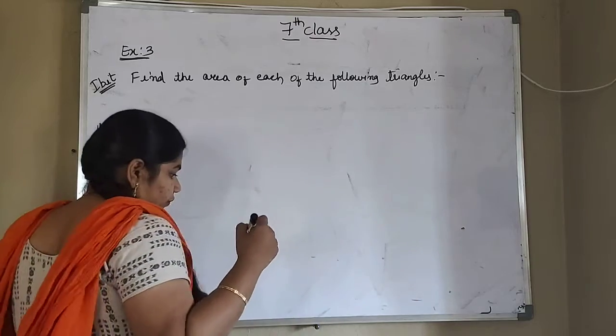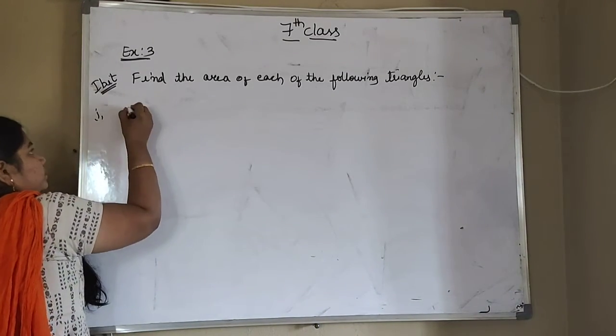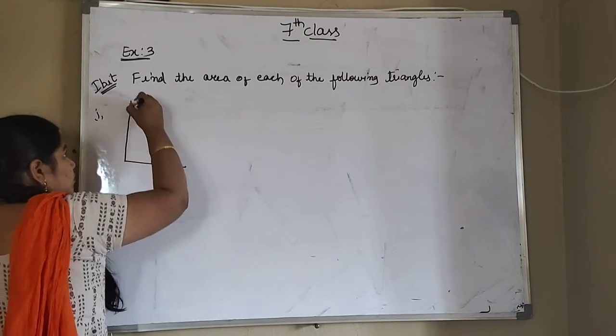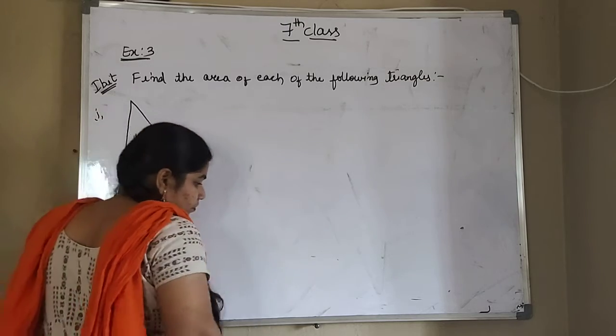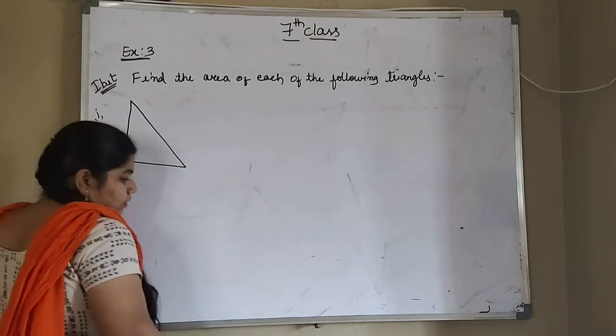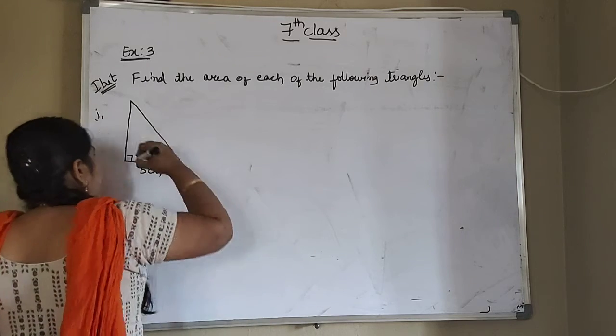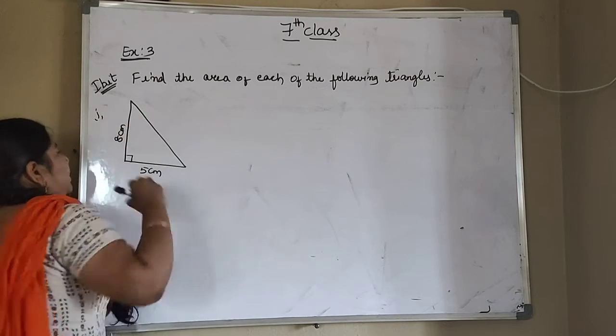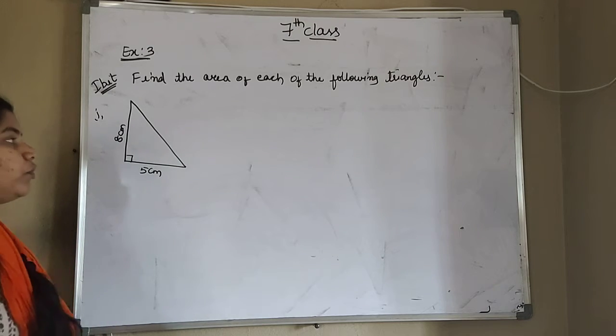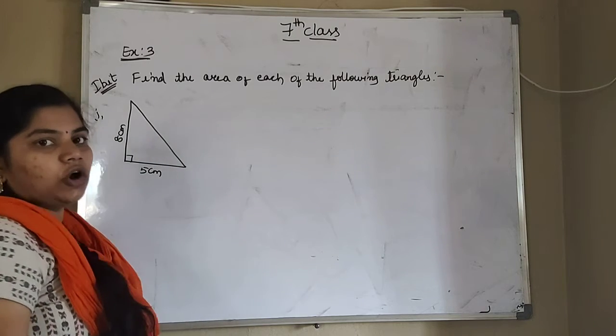The first figure is in this form. Here is the perpendicular symbol, 5 centimeters, and this is 8 centimeters. What we have to find is the area of a triangle.